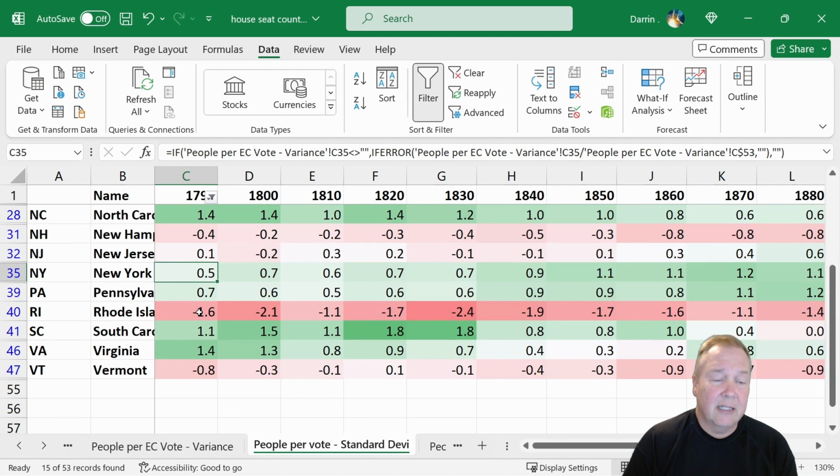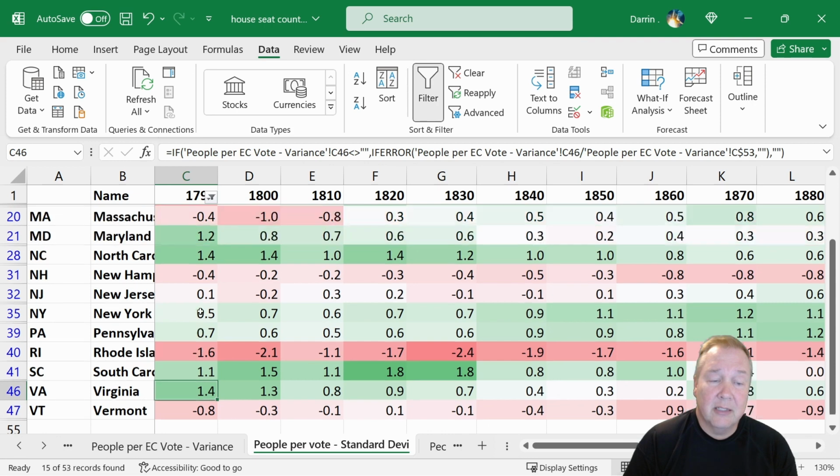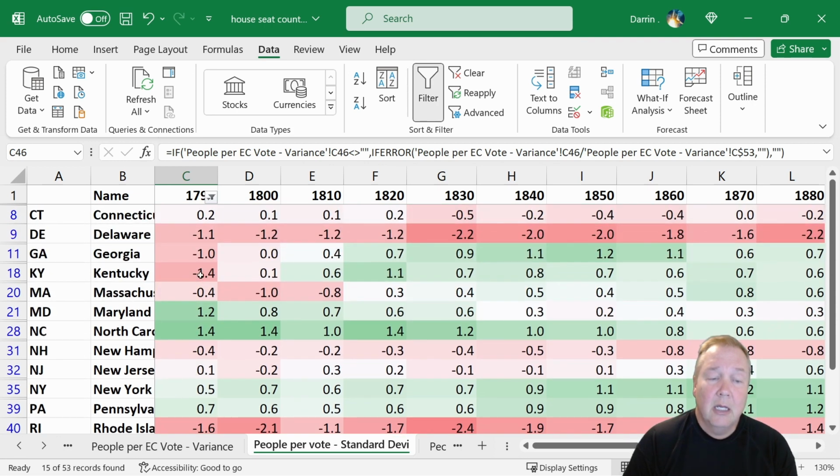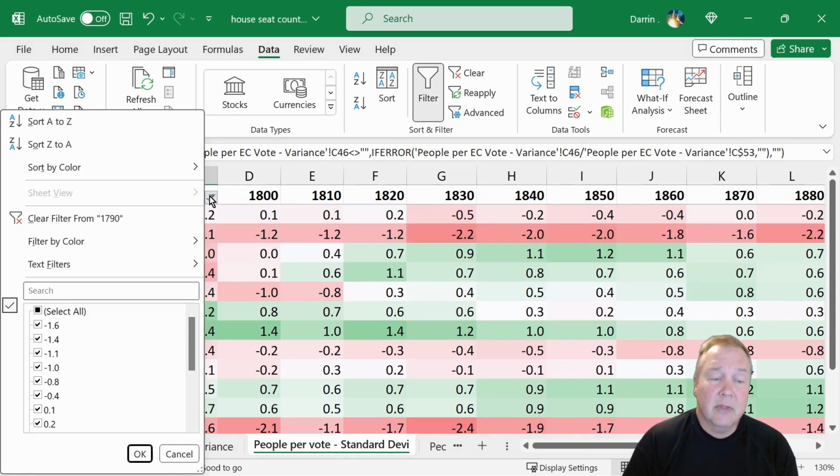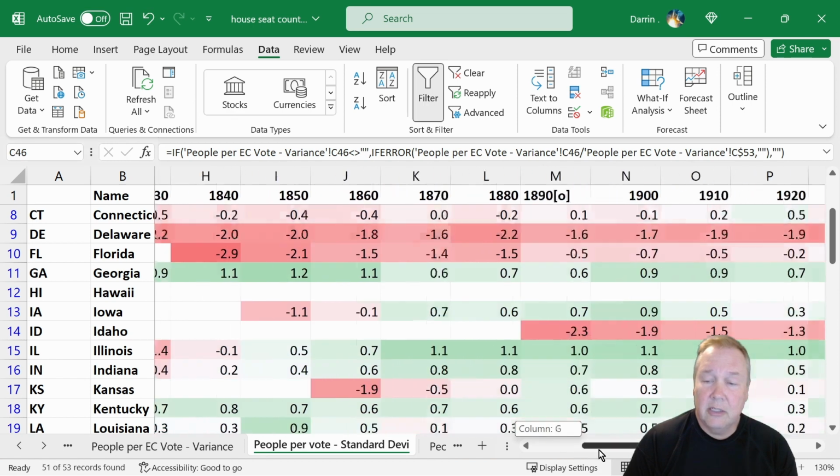You look at some other states like Rhode Island, they were a lot smaller. Virginia's way up, but it's by 1.6, 1.4 standard deviations. So let's just change this and bring up all the current stuff here.